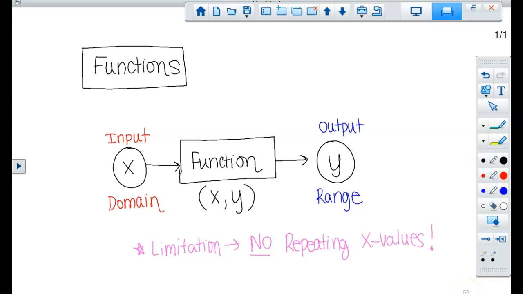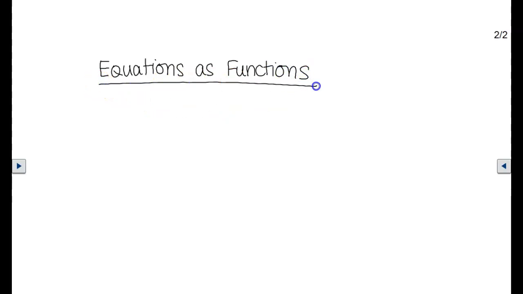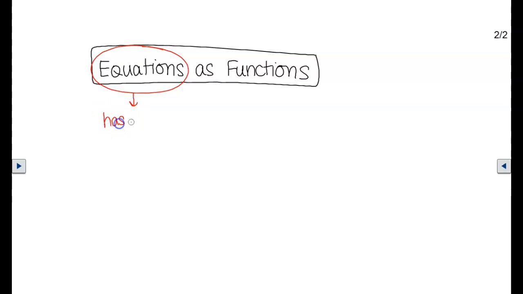Now what we want to do today is take the next step with this. Today we are going to be looking at equations as functions. I want to remind you that an equation is something we have worked with already, and we know that an equation always has an equal sign.